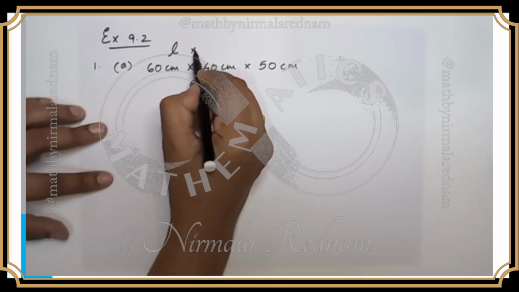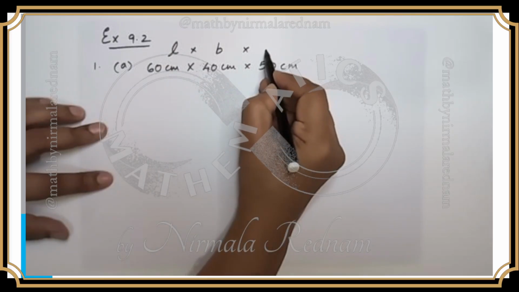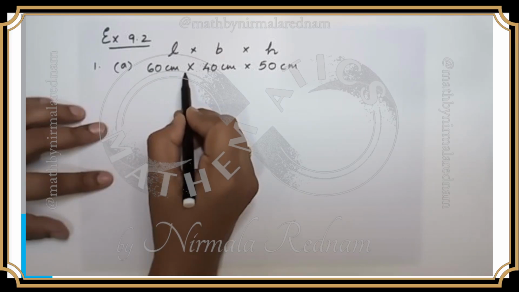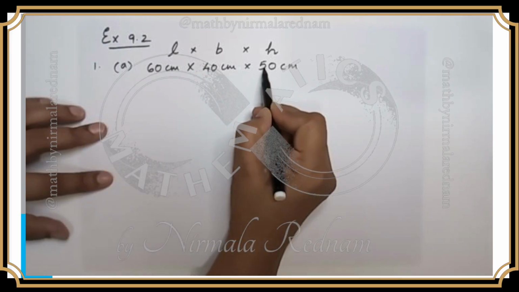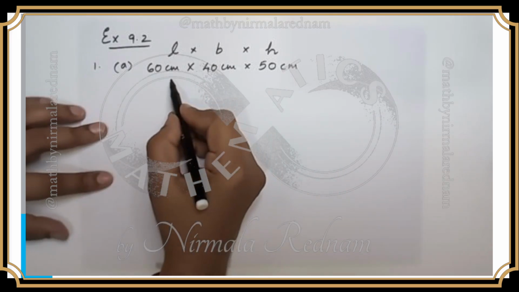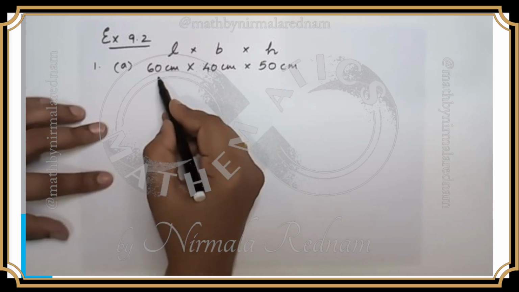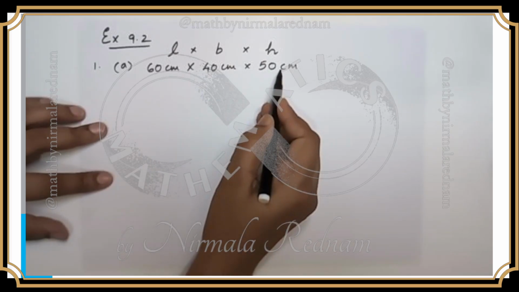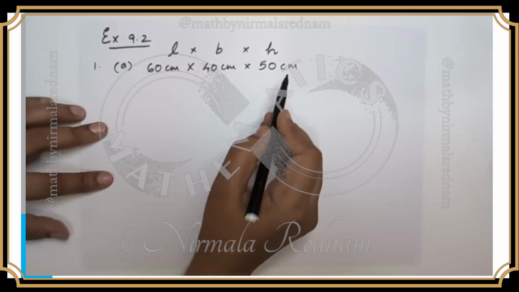Basically this is length and this is breadth. We assume that the first dimension is the length, the second is the breadth and the third one is the height. Now how you read it is L by B by H, that is 60 by 40 by 50. These are the dimensions of the given cuboid.